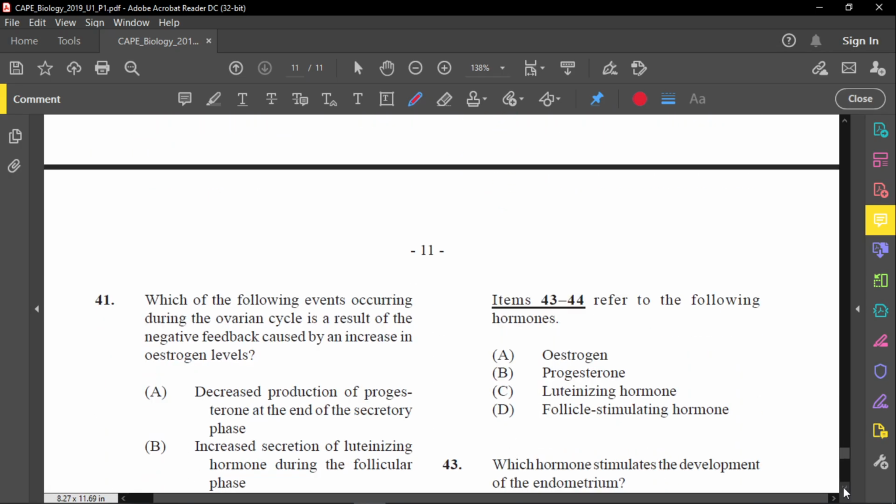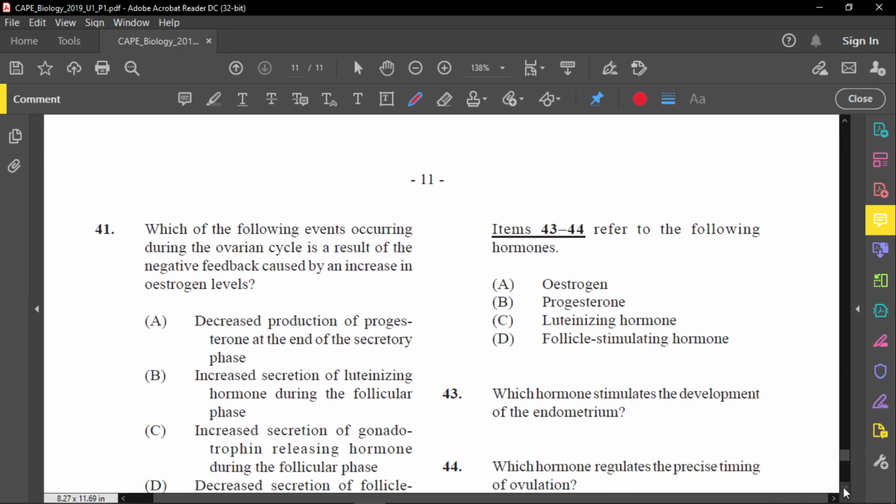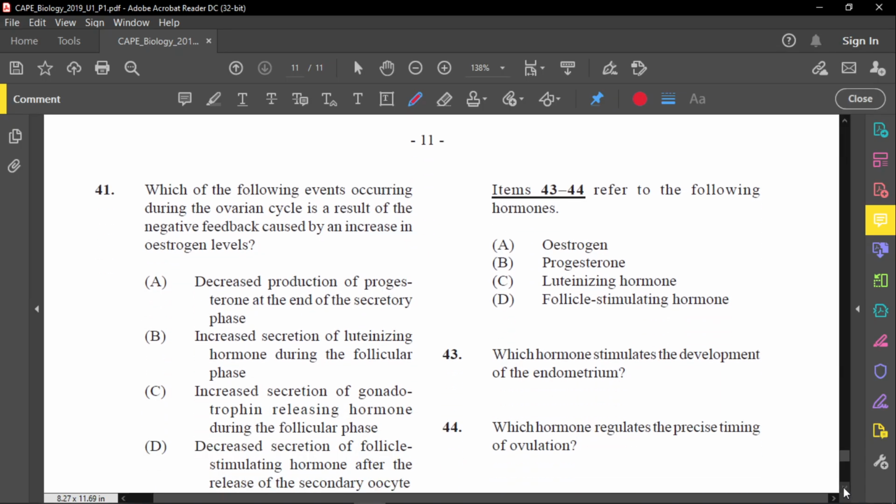So question 41. It states, which of the following events during the ovarian cycle is a result of the negative feedback caused by an increase in estrogen level? Now, the first thing I want to point out is negative feedback.